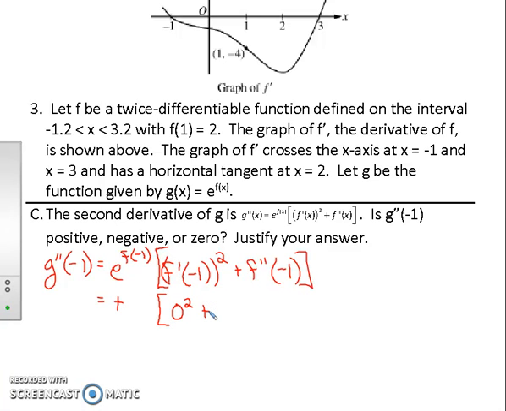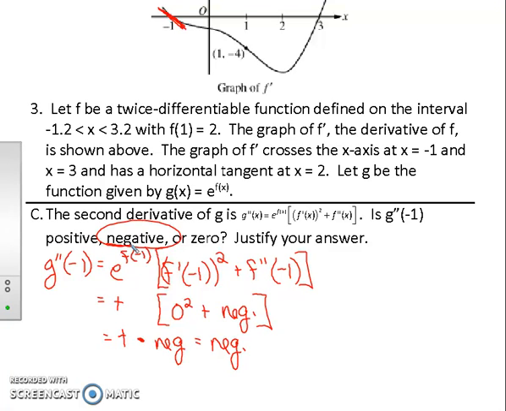And then f double prime of negative 1, we don't know exactly what it is, but it would be the slope here. I can tell that that is a negative number. So I have a positive times 0 plus a negative. So that would be a positive times a negative, which is a negative number.